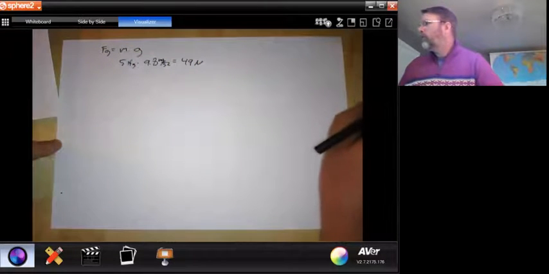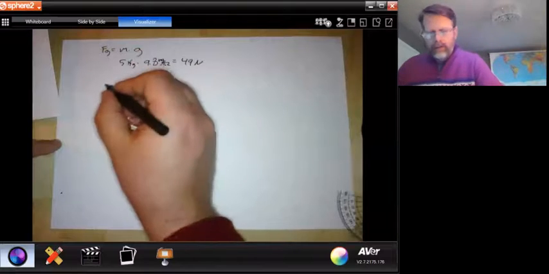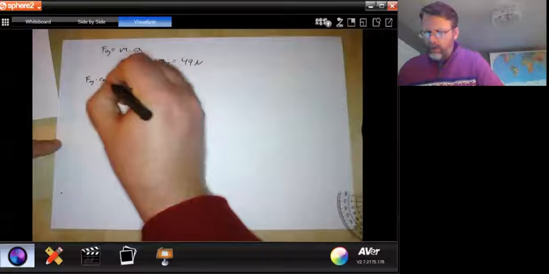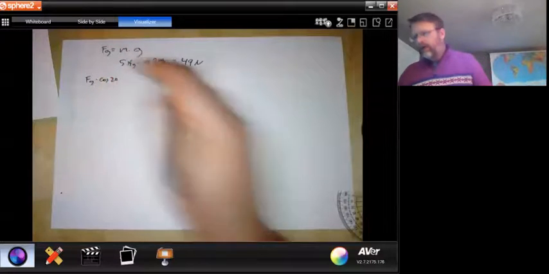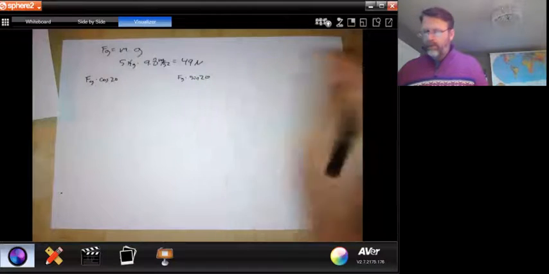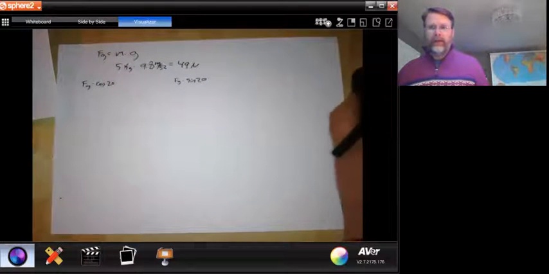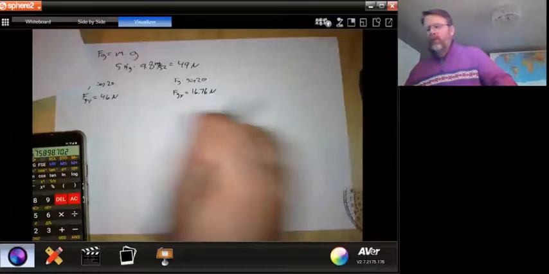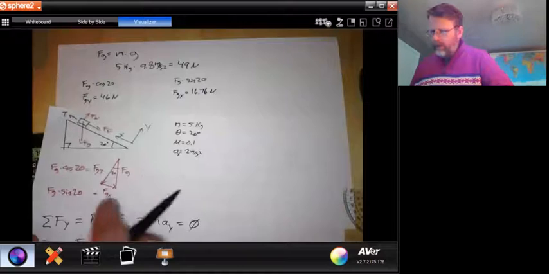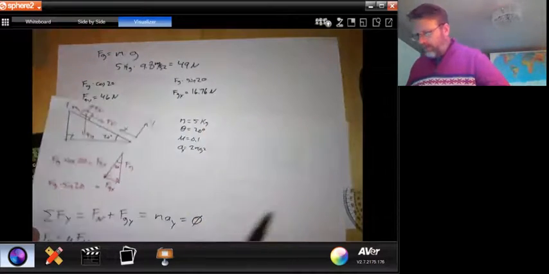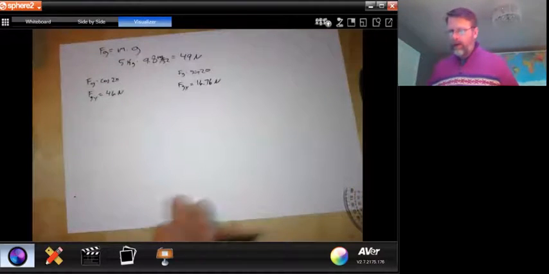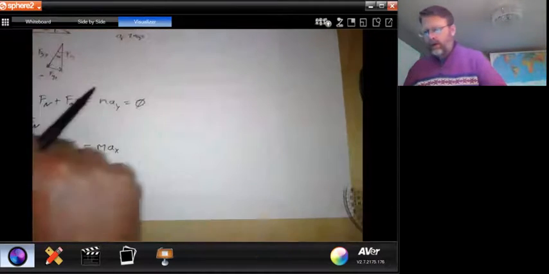Next up, we can do our force of gravity times cosine 20, and our force of gravity times sine of 20. Let's get out a calculator and see what that is. Cosine gave us force in the y, sine gave us force in the x. We plug that all into our calculator, that's what we get, and then we can go on to our next step.